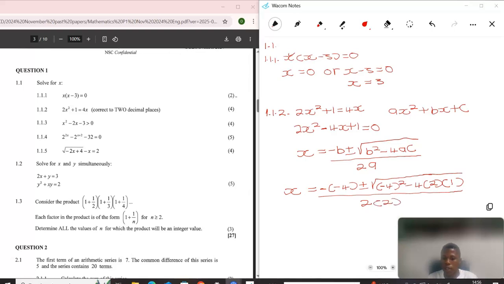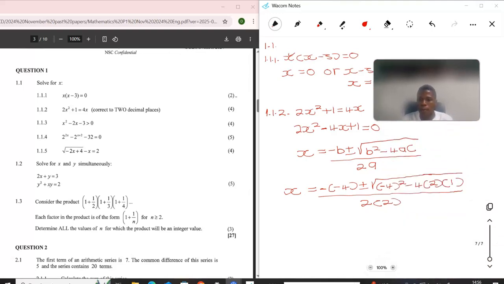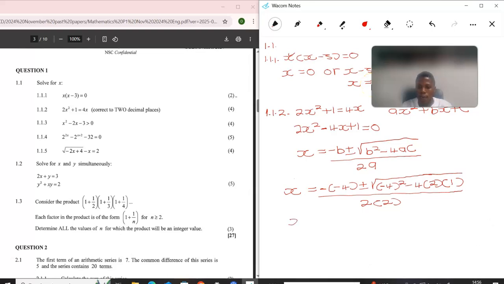Okay, let me remove this, put it here. Okay, fine. Therefore you know that minus 1 times minus 4, you're going to get a positive 4. Plus or minus. And you must press everything under the square root on your calculator, and you're going to get a positive 8.